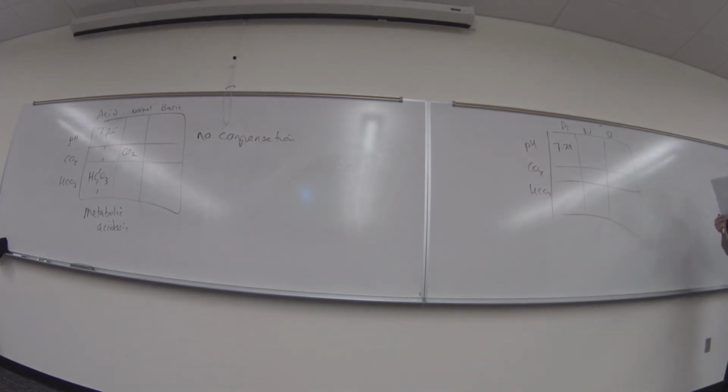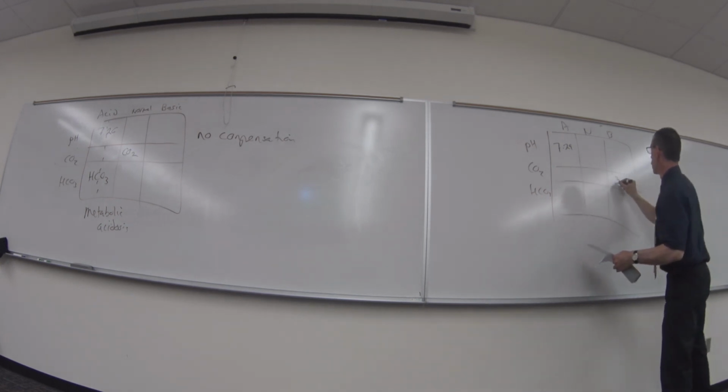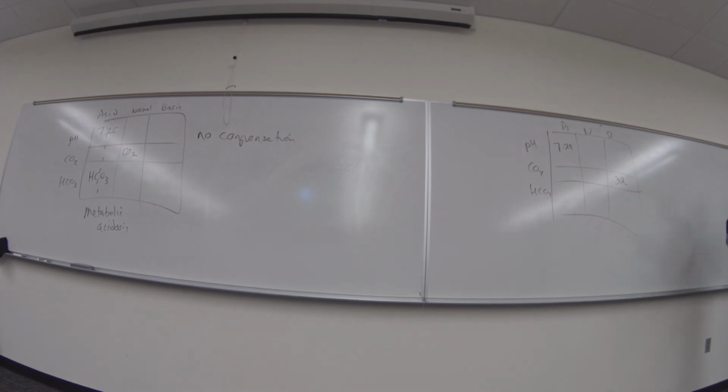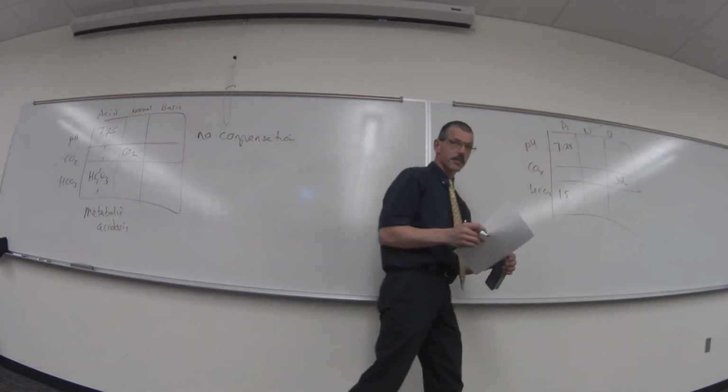Then I look at the two numbers. The CO2 is 32, which is low, which means it is acidic. No, low CO2 is basic. All right. HCO3 is 15, that's really low, which means it is acidic.